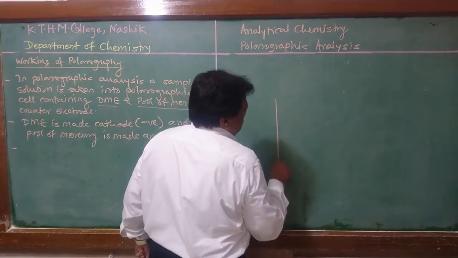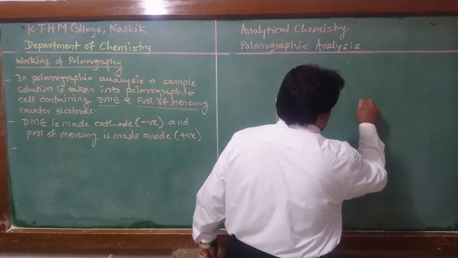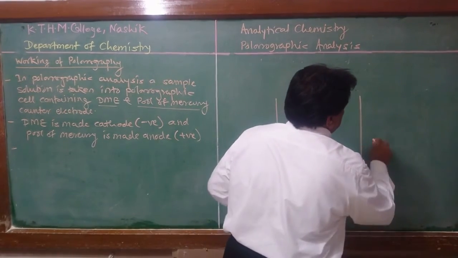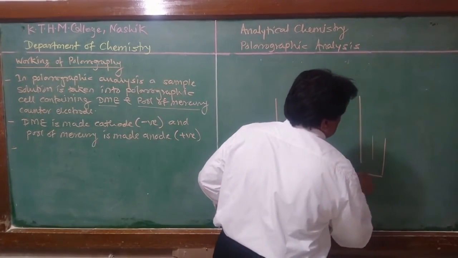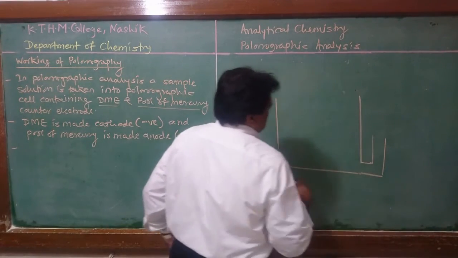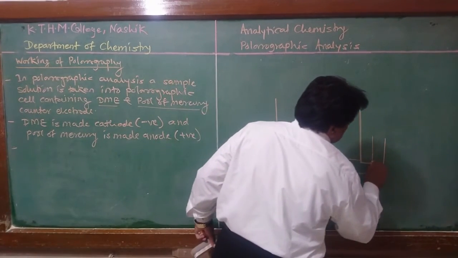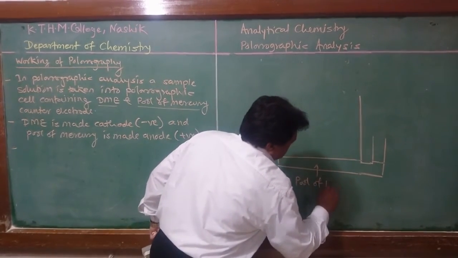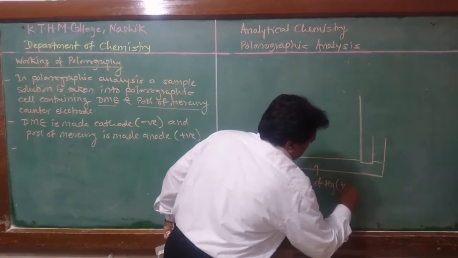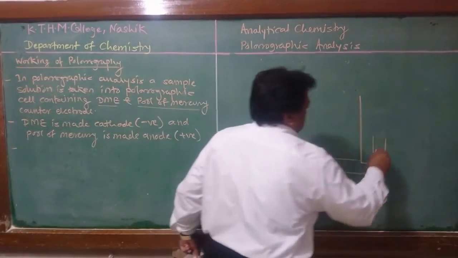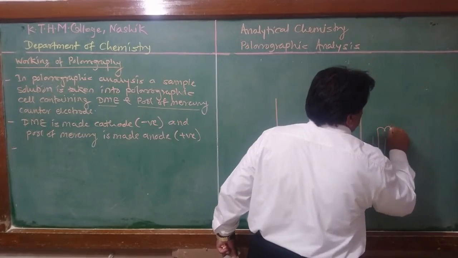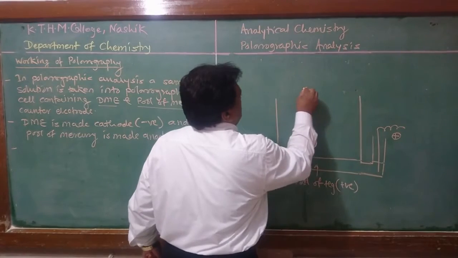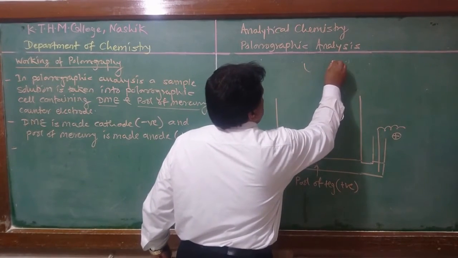Initially here we have this container, and in this container there is mercury, that is, a pool of Hg. This is a positively charged electrode. A platinum wire is inserted and a positive potential is attached to this electrode. The second electrode is the dropping mercury electrode.